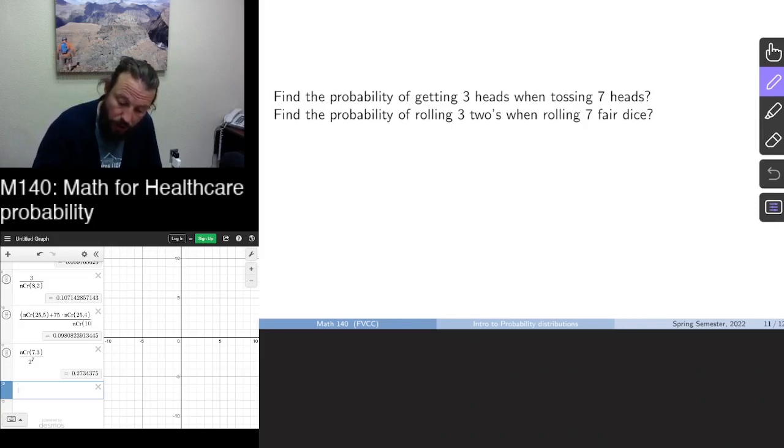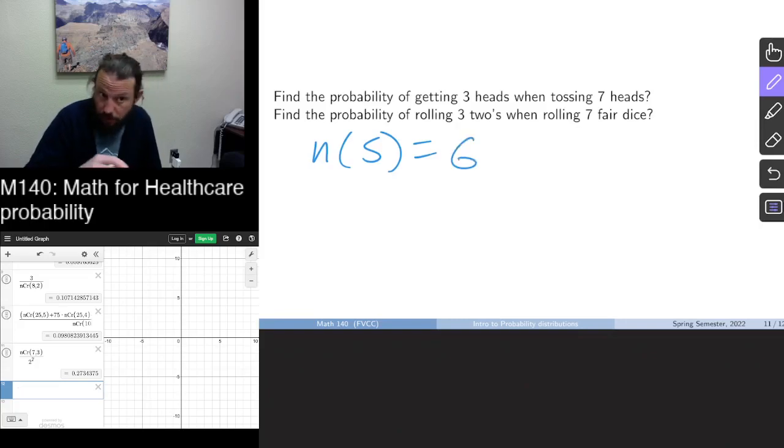We could find the size of the sample space still. There's 7 fair dice, and there's 6 possibilities for each die. So we get 7 dashes, each one with 6 possibilities, so this is going to be 6 to the 7th.